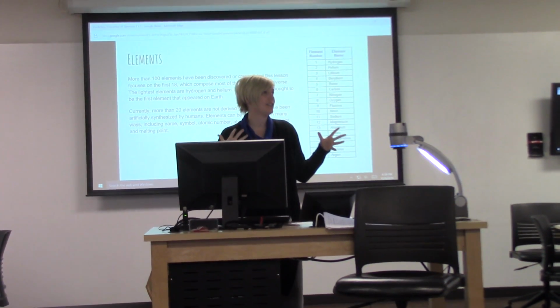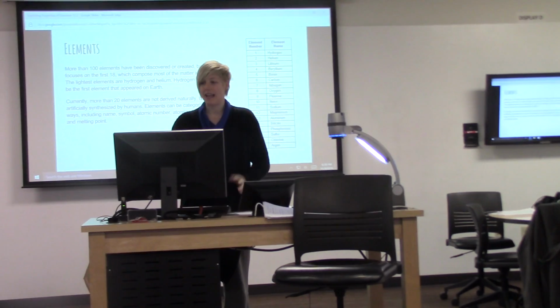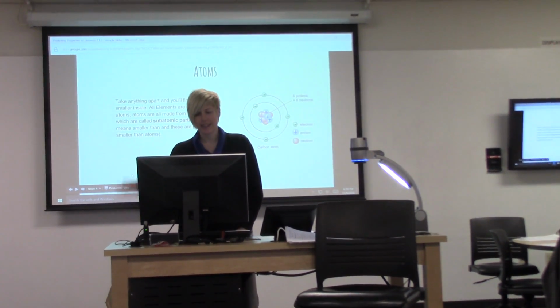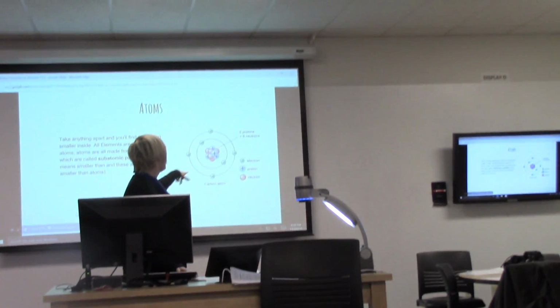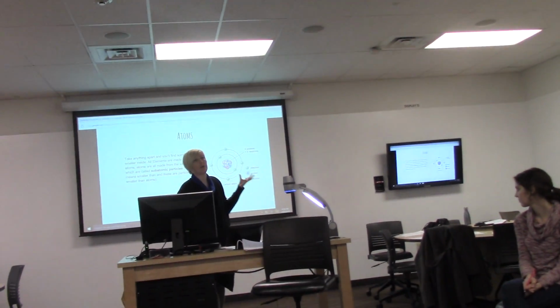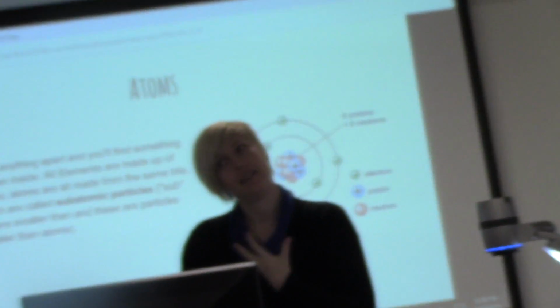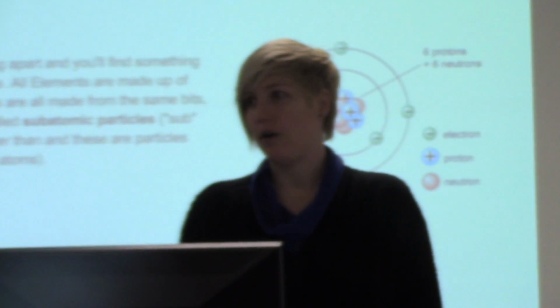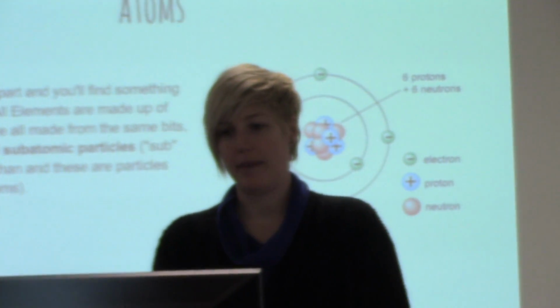Just to remind you of the difference between elements and atoms, you're going to be confused about that. This is the normal convention for how you can logistically work out what an atom is. It doesn't look like that in nature, but that's how we will use it to describe it.